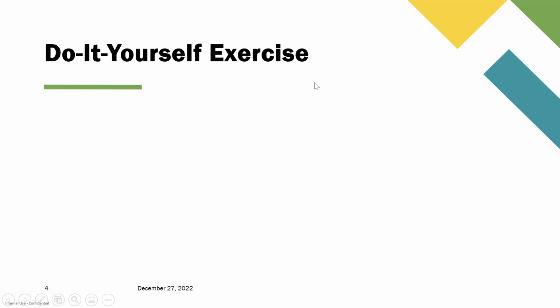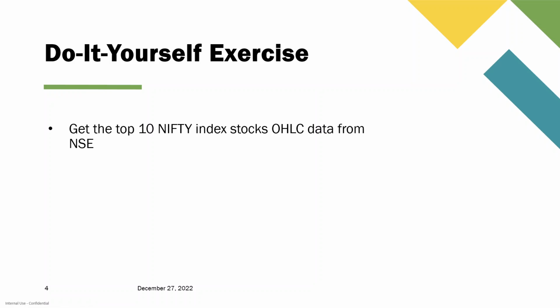Okay, so what you can do is you can try to get the top 10 Nifty index stocks OHLC data from NSE. You can do it maybe one by one. You can do it maybe getting all 10 stocks in a single time. That's your wish. Try to use the trading symbol as an identifier.